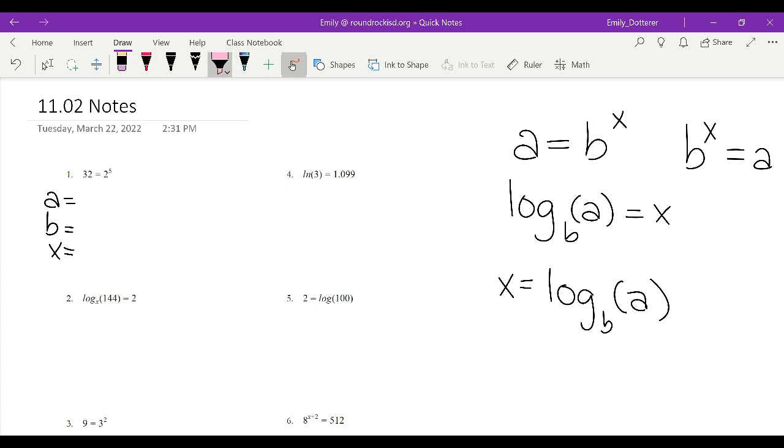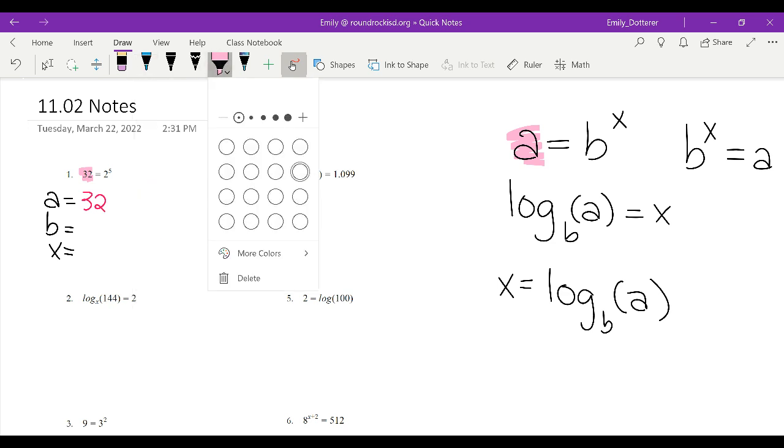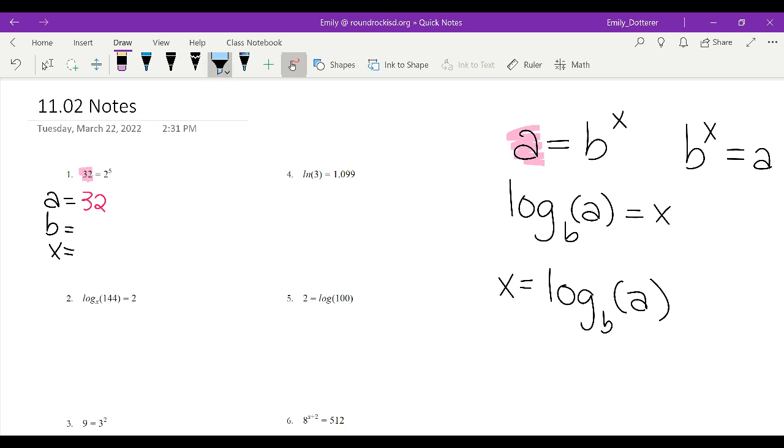So we can see here that we're starting with an exponential because we've got an exponent. So a is the number on the opposite side from our exponent, which in this case is 32. B is our base.